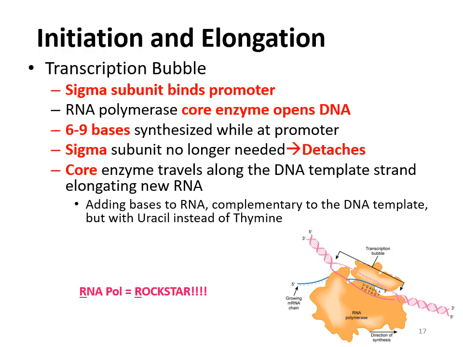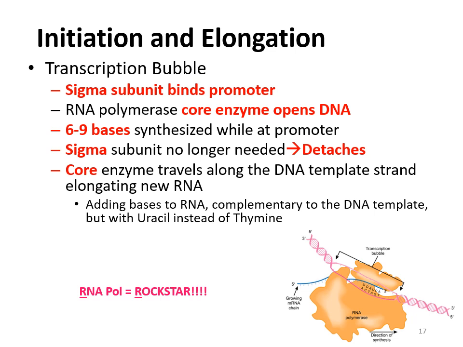So this is just another recap of initiation and elongation with a couple of extra details. Basically what happens is sigma sees the promoter of the DNA, it binds, and the core enzyme will then open up the DNA. 6 to 9 bases will be synthesized while at the promoter, and then at that point sigma is no longer needed, and so it pops off, whereas the core continues elongating the new RNA strand.